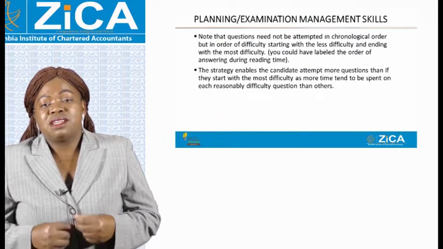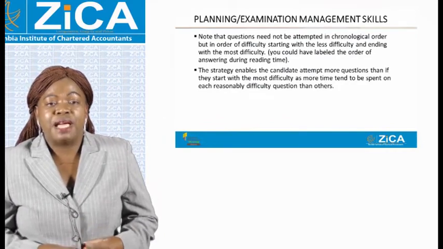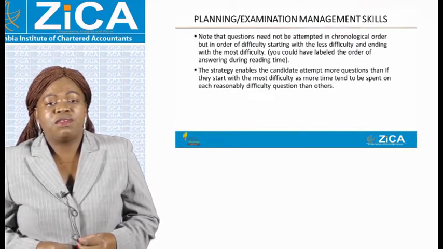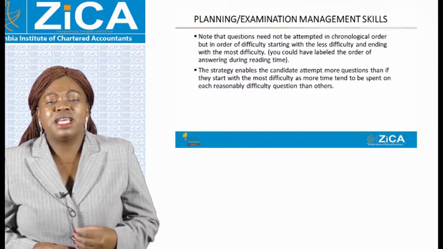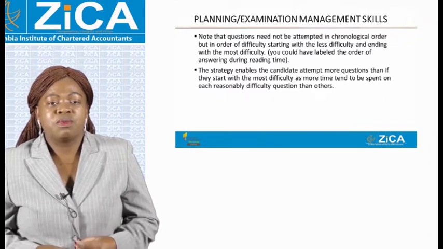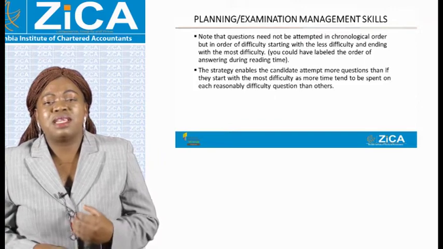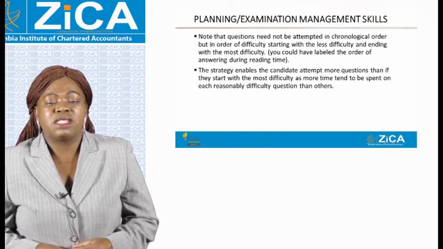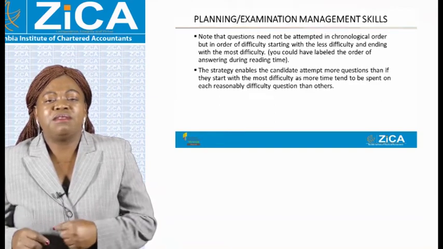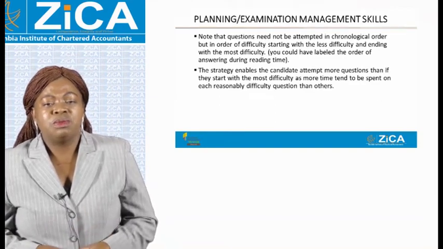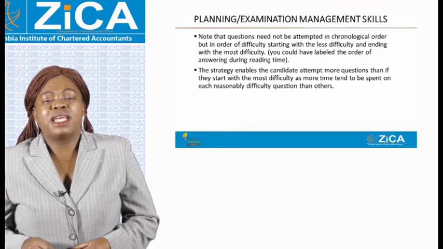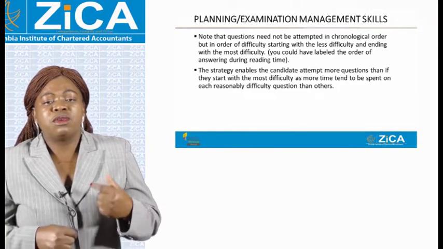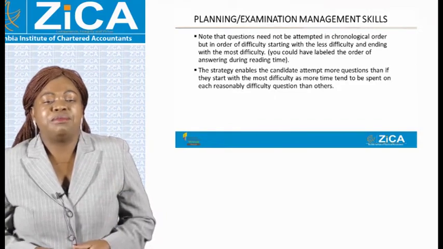I advise students from time to time that you are better off starting with the question that you think is easier to you, and you end with the one that you think is difficult to you. So if out of the 3 questions you are supposed to attempt, maybe question 5 is the easiest to you, may you rank it 1 for purpose of the order in which you are going to attempt them.